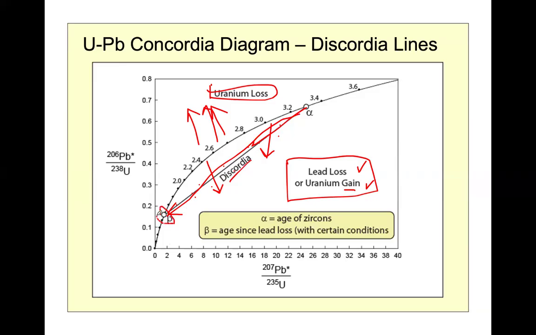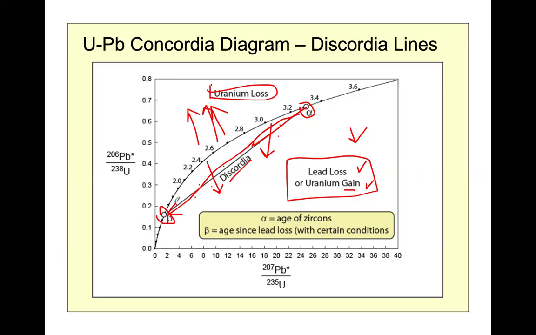Maybe here it is mentioned as beta, and the upper point you can also mark. Here it is alpha. Now your discordia line, if your discordant data are systematic, otherwise you can't do this. If you have very systematic data, it means just a single event has caused this lead loss or uranium gain.